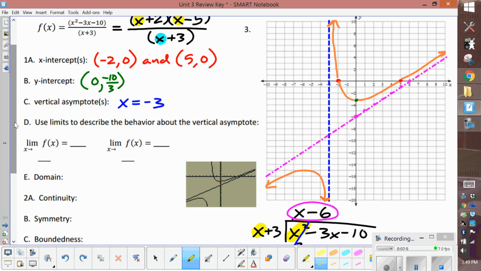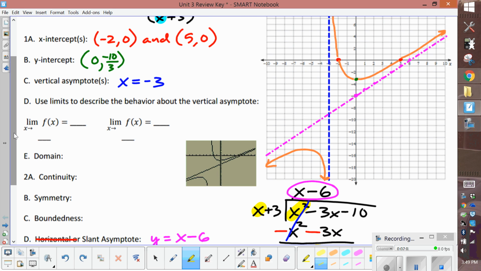Okay, let's talk about the behavior of this as it approaches the vertical asymptote. So I'm going to approach negative 3 from the negative direction and negative 3 from the positive direction. So I'm going to go ahead and highlight my finger over my graph. As I'm coming from the negative direction and I'm approaching that blue line, I notice the closer I get to it, my y value should be going down forever.